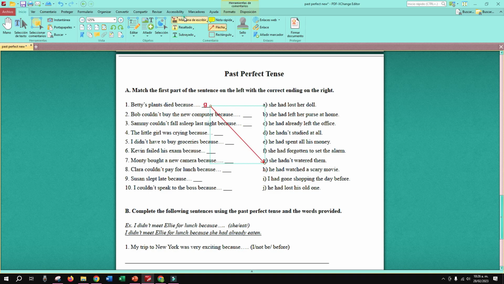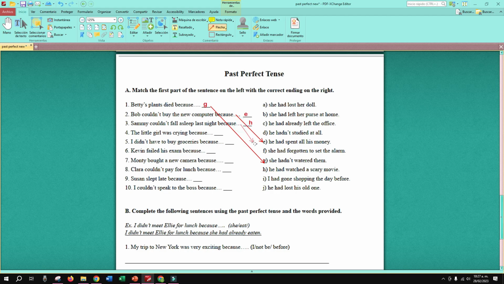Okay. Let's see the B. Bob couldn't buy the new computer because what? E, right? Because he had spent. Sammy couldn't fall asleep last night because what, Edwin? H. He had watched scary movies.